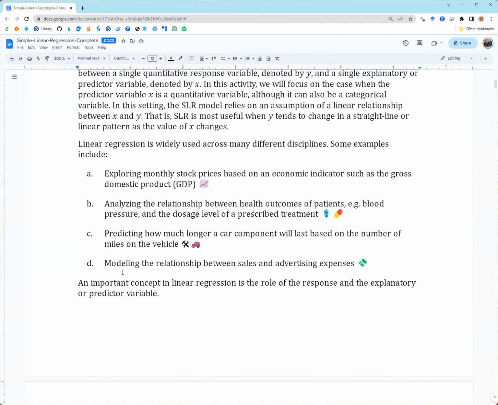So for example, in the blood pressure example here, Y is representing the patient blood pressures, and X is the dosage levels.